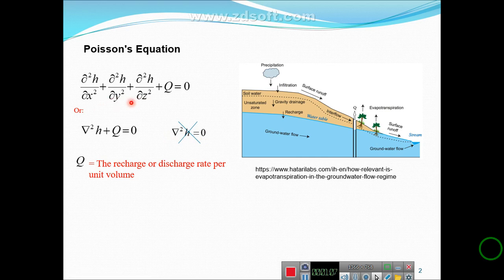This equation means the sum of the second partial derivative of hydraulic head with respect to x, y, and z plus q is equal to 0, or del square h plus q is equal to 0. In this equation, q is the recharge or discharge rate per unit volume of the aquifer.